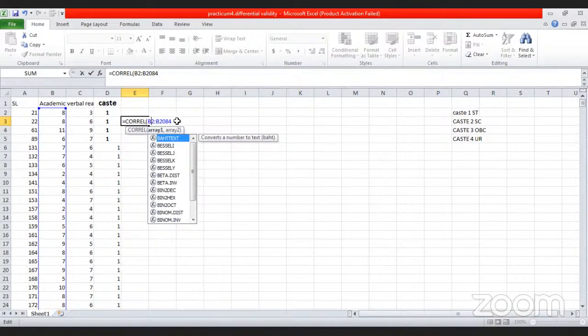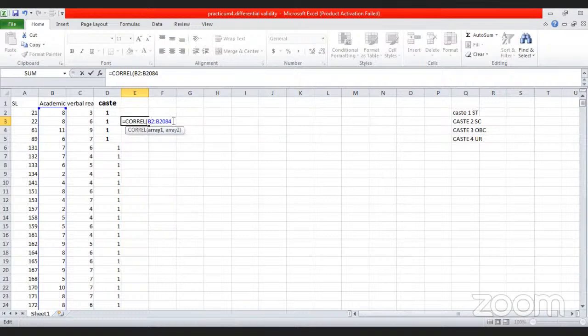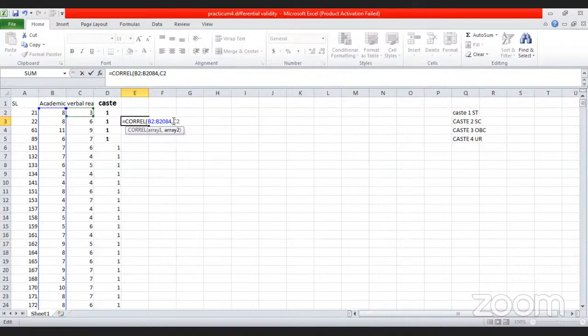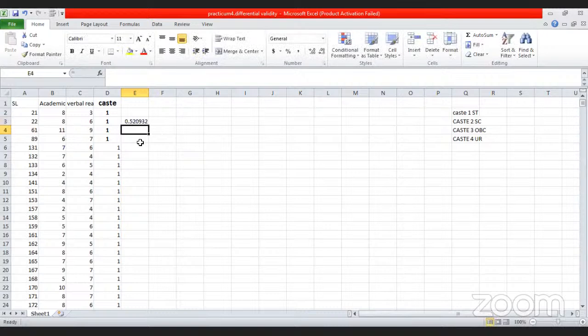It will be B2 to B2084, comma, C2 to C2084. The data is very large. So I got the correlation coefficient for the whole population, that is 0.52092.